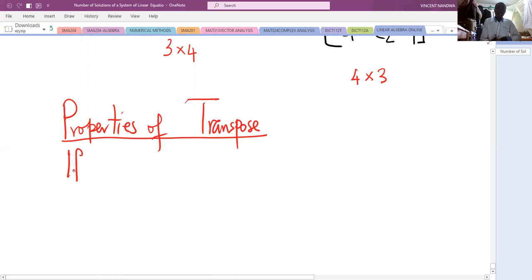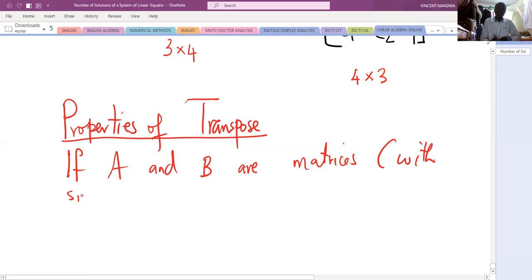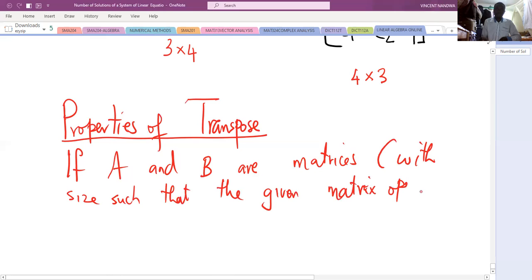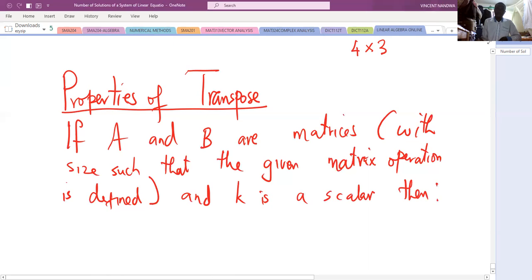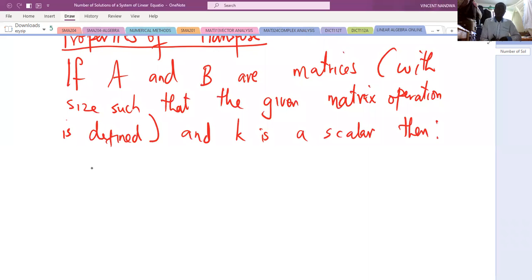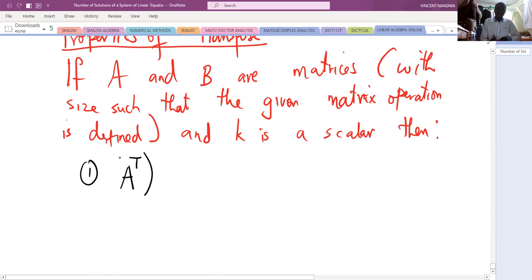So say if A and B are matrices with sizes such that the given matrix operation is defined and K is a scalar, then the first property, 1, A transpose transpose is A. That is, double transpose gives the original matrix.